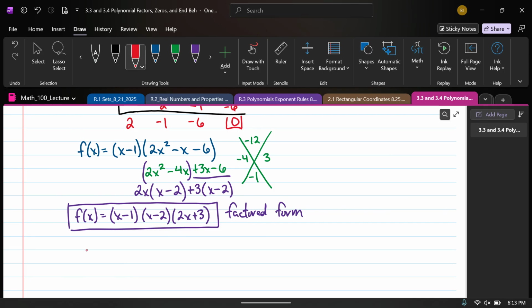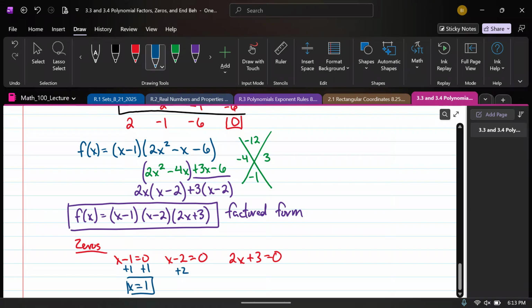So let's set those to get the zeros. I'm just setting each factor equal to 0. Getting x by itself. X equals 1. X equals 2.